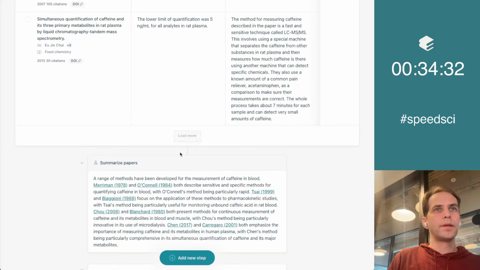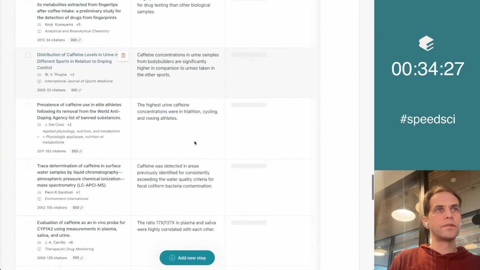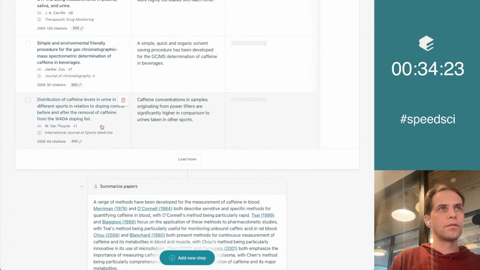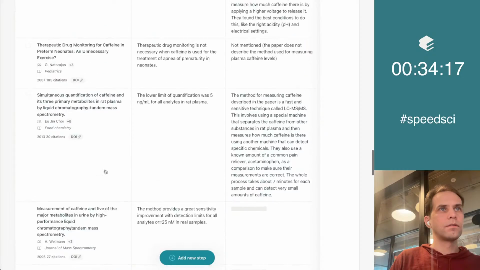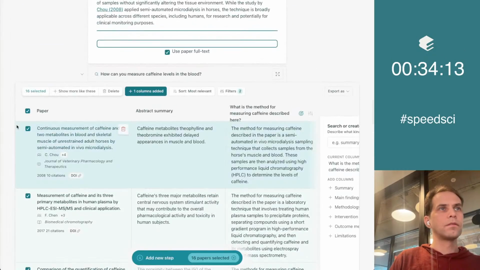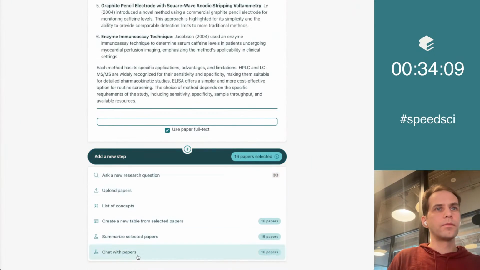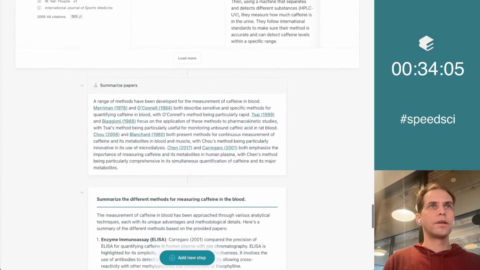I'm going to load more papers here just in case there are more relevant ones. It seems like there might be. And I'm going to ask again, what did I ask?